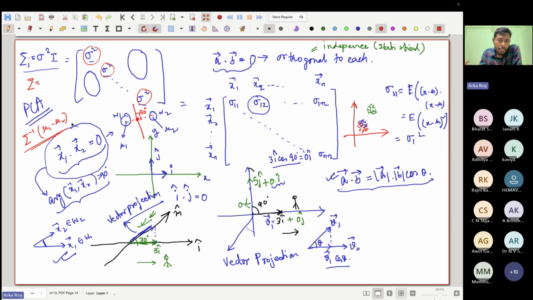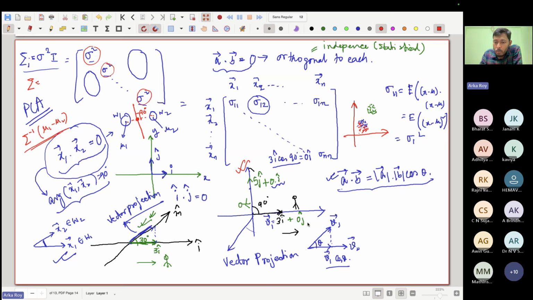But my suggestion would be, whenever you see some sort of formulation, try to think in terms of the physical interpretation of those equations, something like feature independence or correlation, because this particular coordinate system is totally based on statistical independence. You choose this coordinate system due to some advantages.